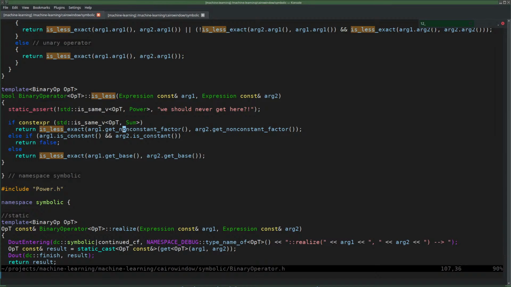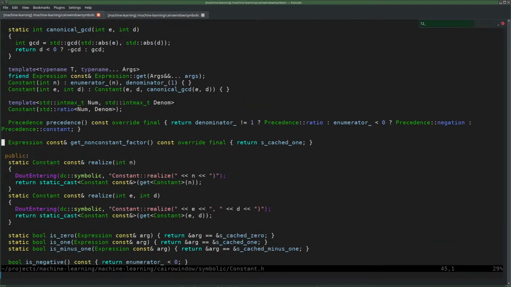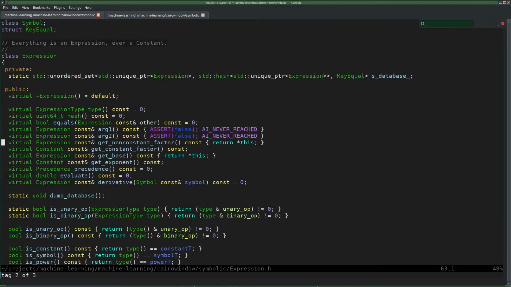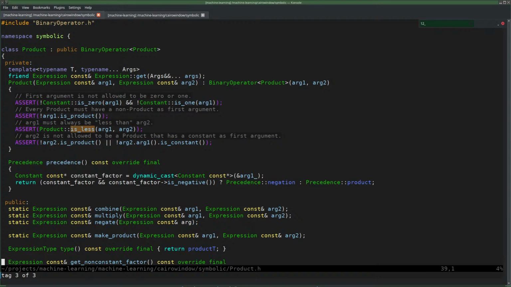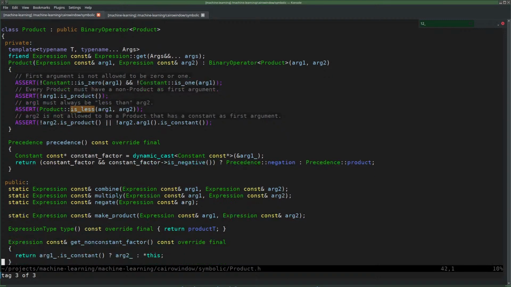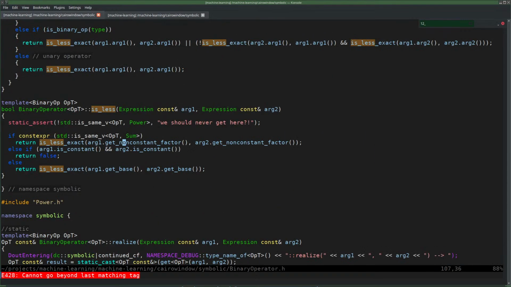of a function is probably just the same thing. Yeah. This we call is less exact on two functions.